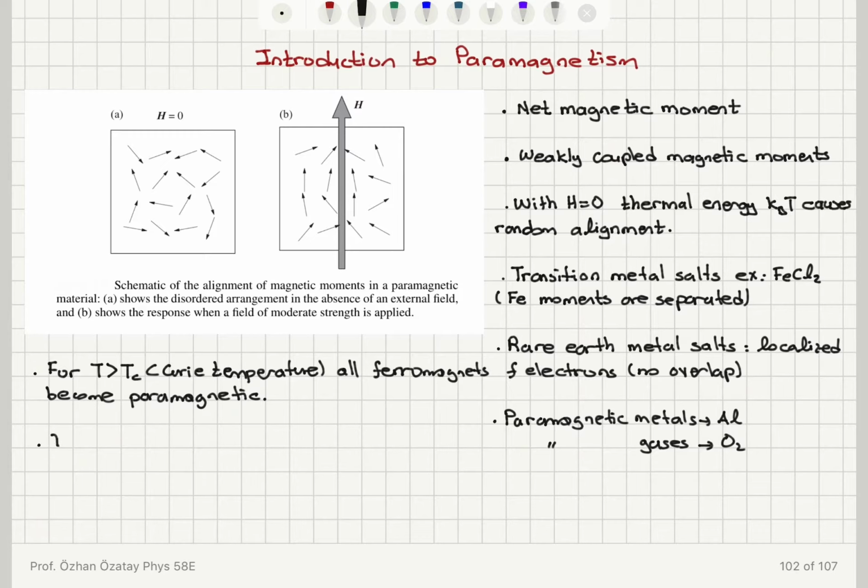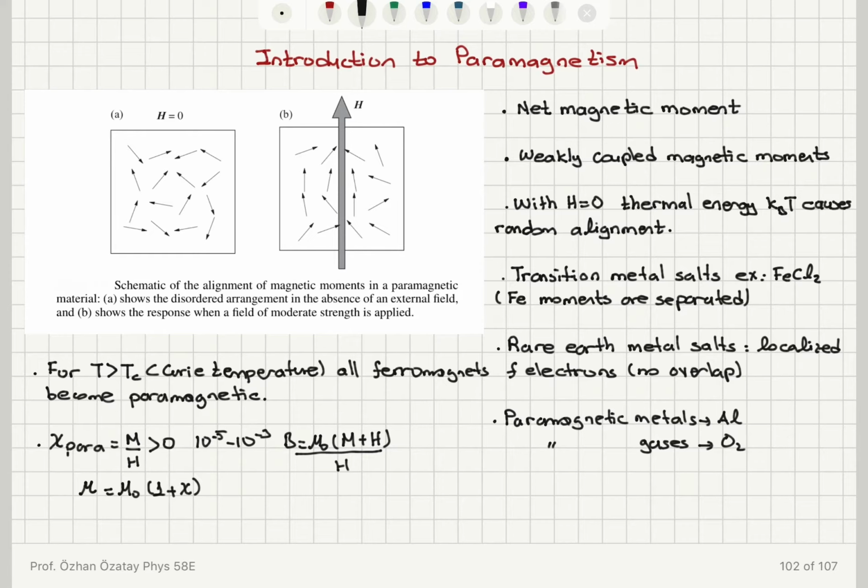The susceptibility for paramagnetism is M over H, that is positive. It is small, in the 10 to minus 5, 10 to minus 3 range. And if you look at the corresponding value of permeability, now I write this in SI, B is equal to mu 0 times M plus H. So if I divide this by H, I can write this as mu is equal to mu 0 times 1 plus chi.